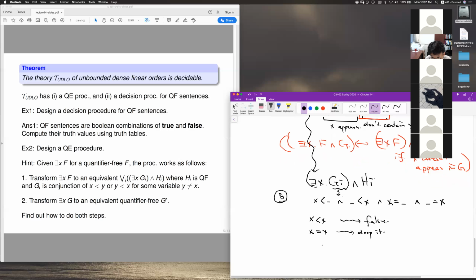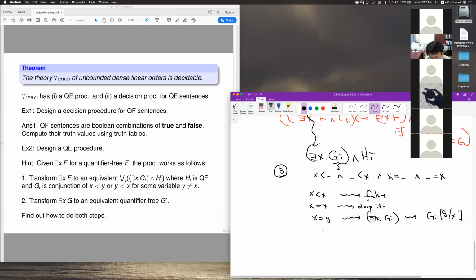The third case is if X is equal to Y, where Y is different from X. In that case, we replace exist X GI by GI where X is replaced by Y, because X should be equal to Y, so we can just replace it.